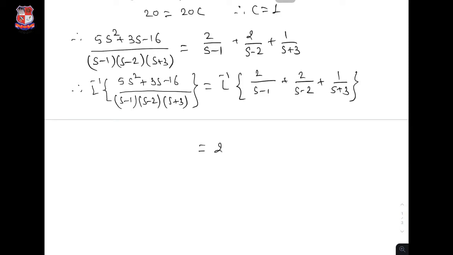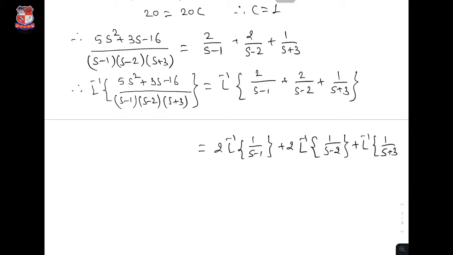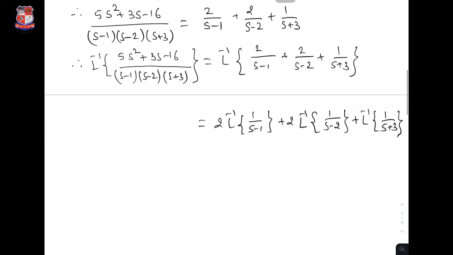And so this is 2 inverse Laplace transform of 1 over s minus 1 plus 2 inverse Laplace transform of 1 over s minus 2 plus inverse Laplace transform of 1 over s plus 3.